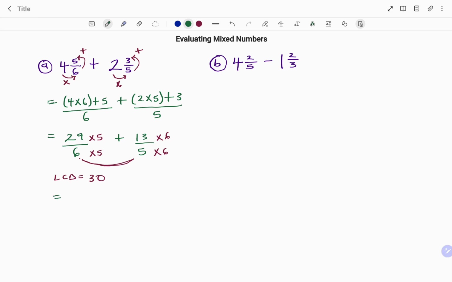My new expression becomes 29 times 5, 145 divided by 30, plus 13 times 6, 78 divided by 5 times 6, 30. You can see that now my denominators are the same.